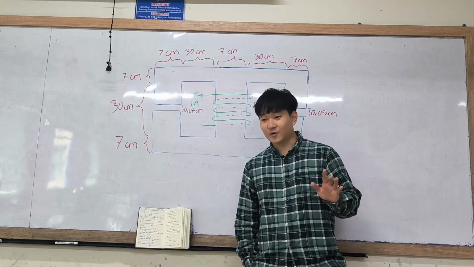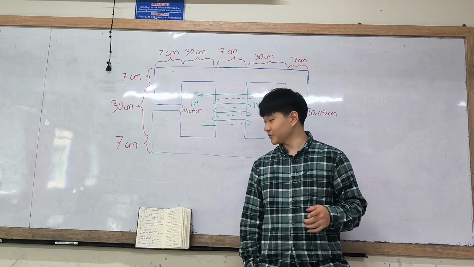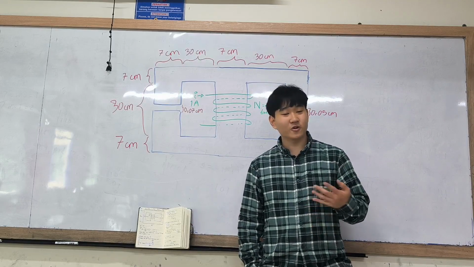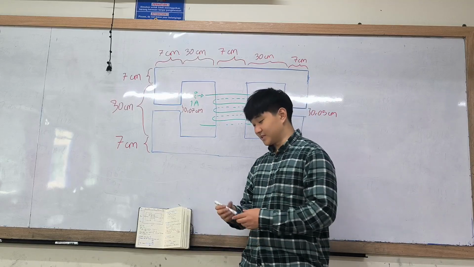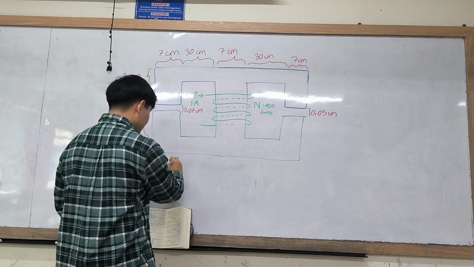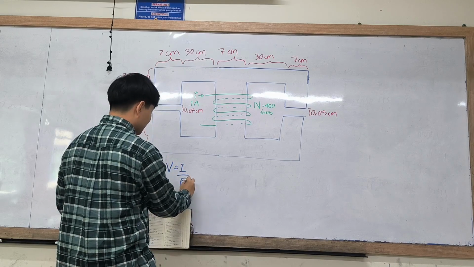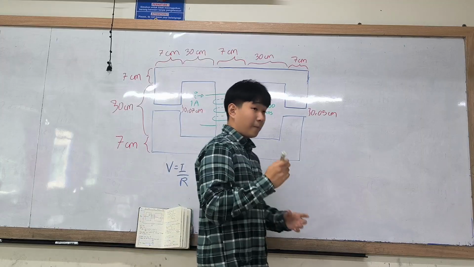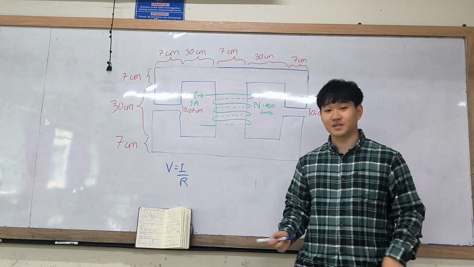Everyone, in this video I would like to share what I have learned on magnetic circuits. I think we all know about electric circuits. They use Ohm's law, which is volt equals current divided by resistance. Magnetic circuits have a very similar principle.